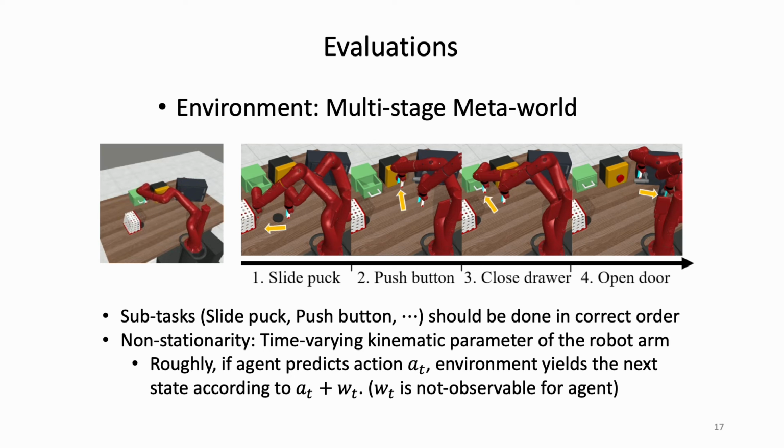To emulate a non-stationary environment, we introduce time-varying parameters of the robot arm. Roughly speaking, if the agent predicts action AT, the environment yields the next state according to AT plus WT, where the WT can be thought of as wind blowing within the environment that is not observable to the agent.